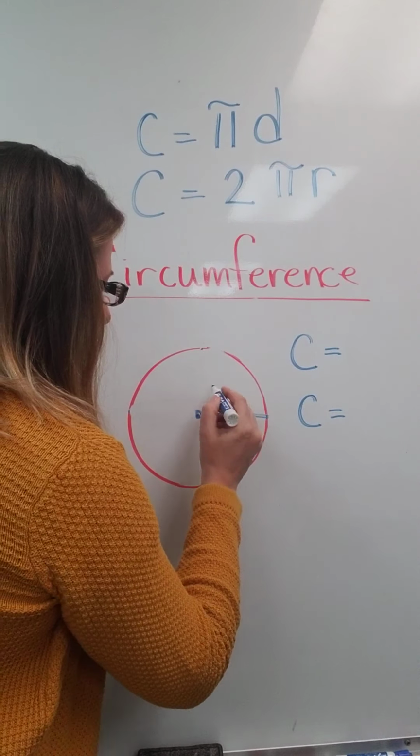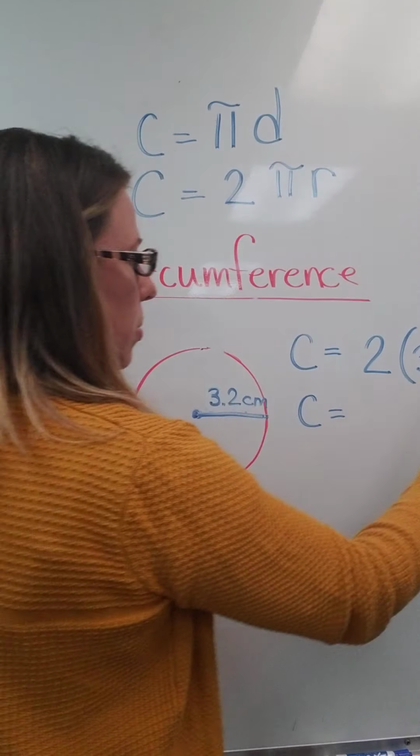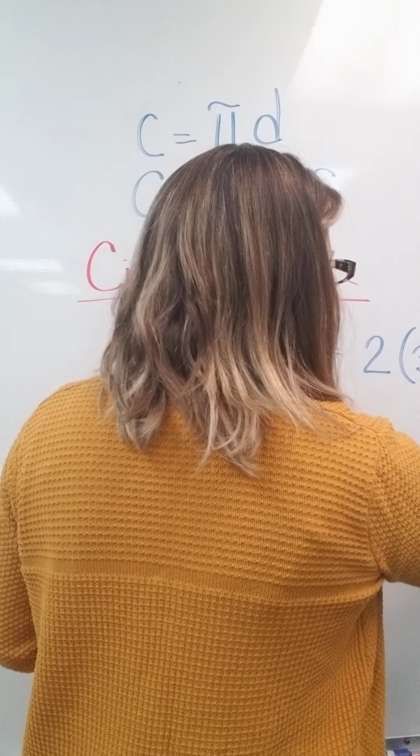So we're going to use this one because two radiuses, this one plus another one, equals diameter, okay? So circumference equals, we're going to use this one, 2, we're going to put this in parentheses, 3.14 pi times the radius, which is 3.2.